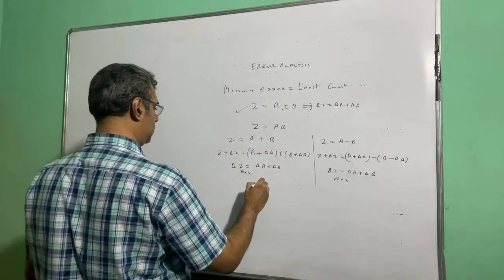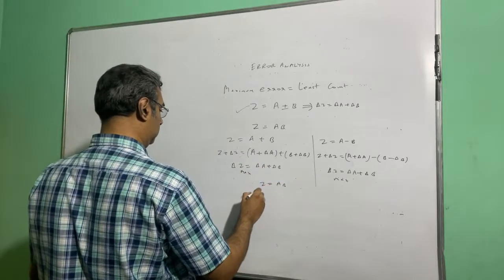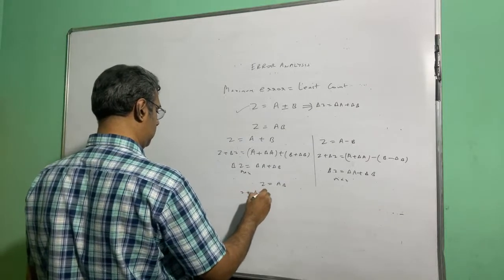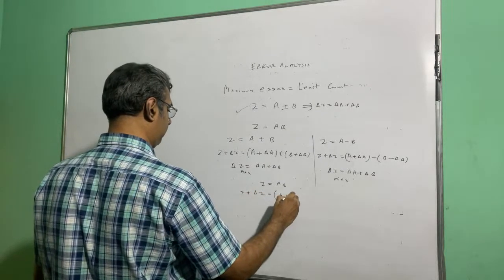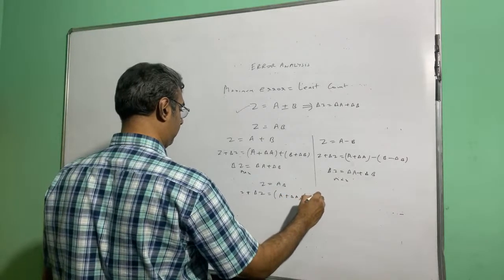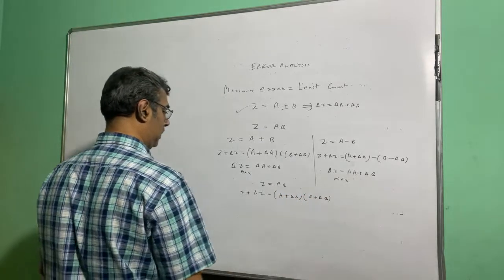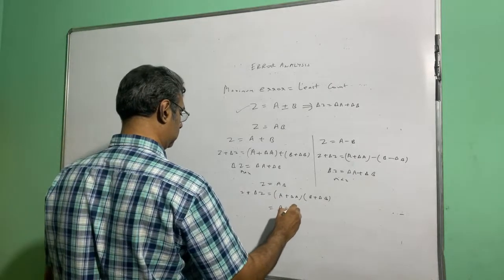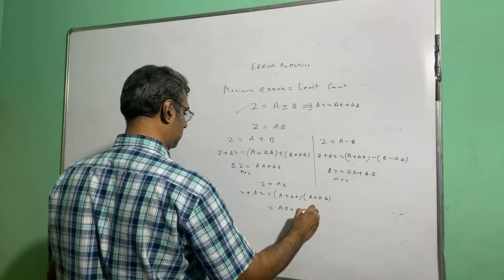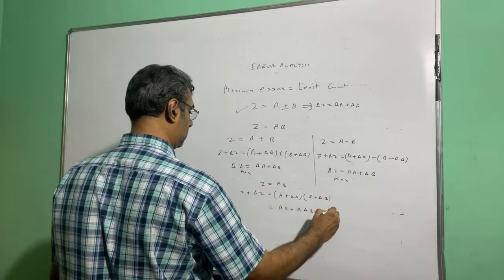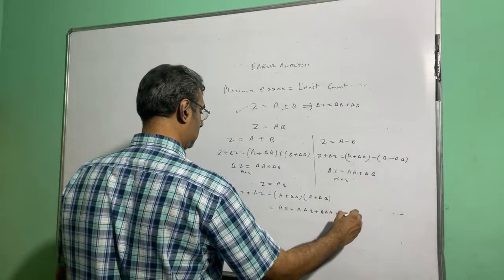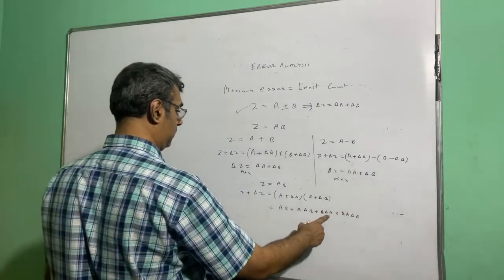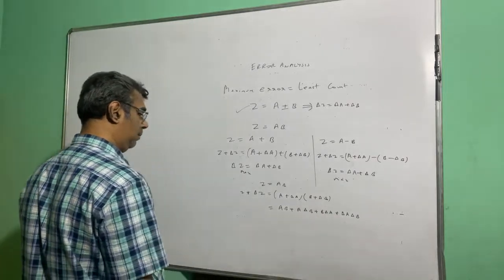Now suppose z is a into b. So z plus delta z is equal to a plus delta a into b plus delta b. So it is ab plus a delta b plus b delta a plus delta a delta b.